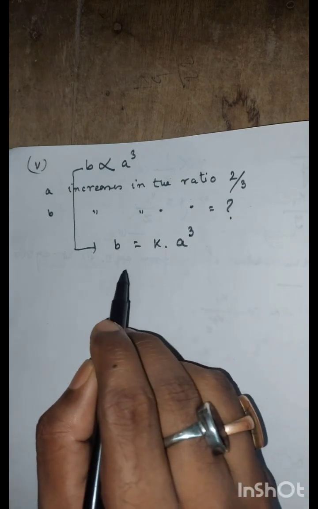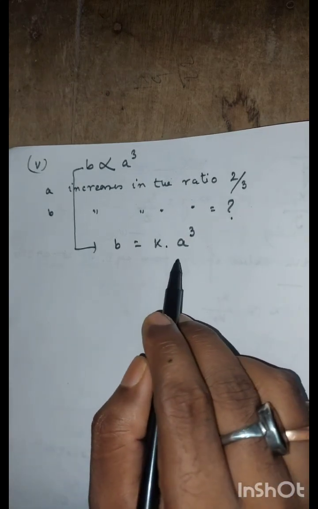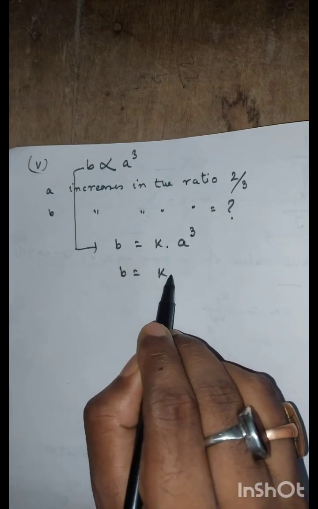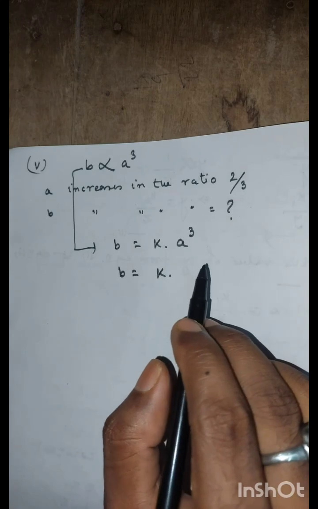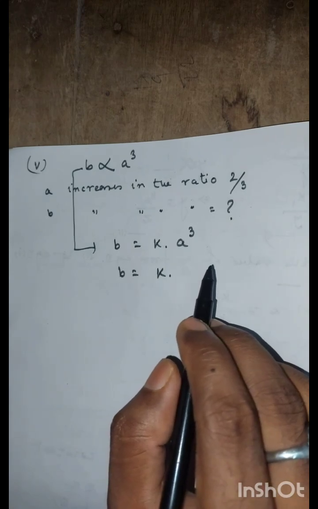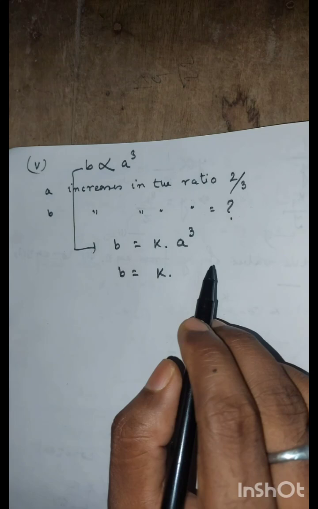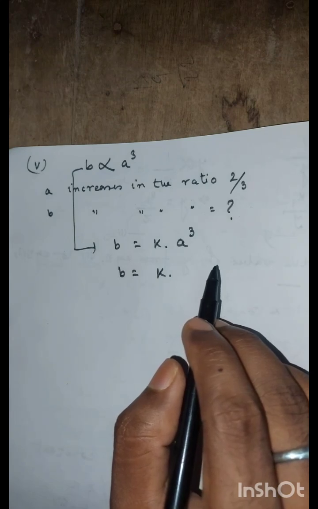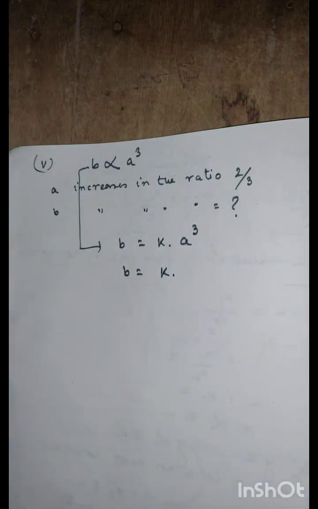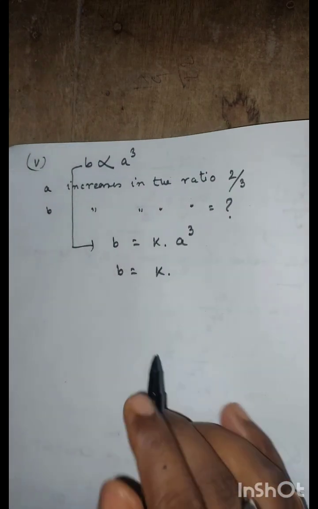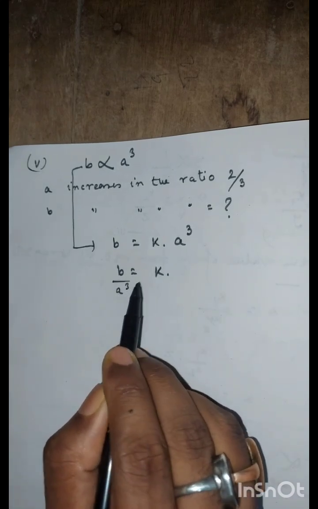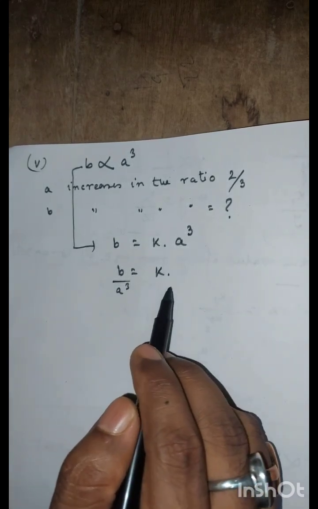So we are putting 2/3 a in place of a. Let us take a cube to the left side. So it becomes b by a cube equal to a constant.